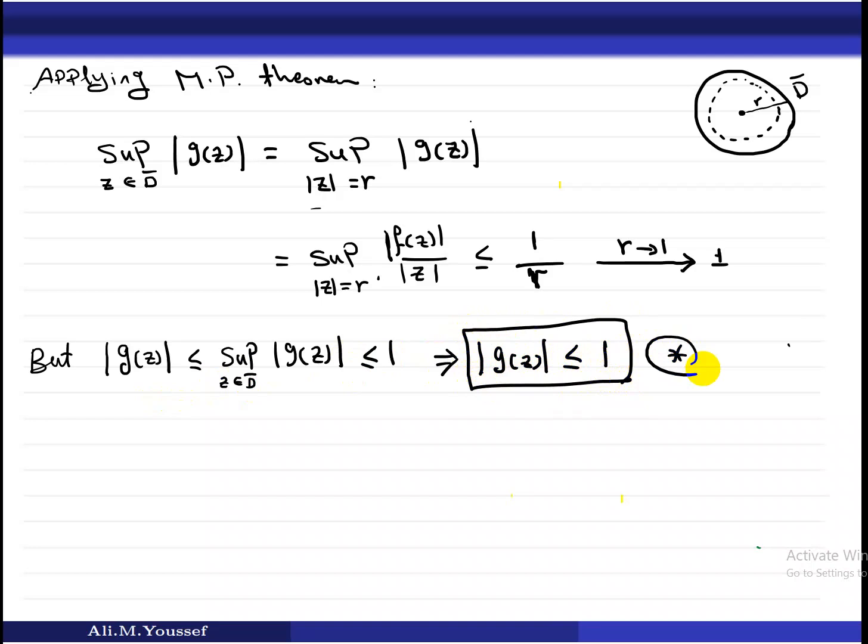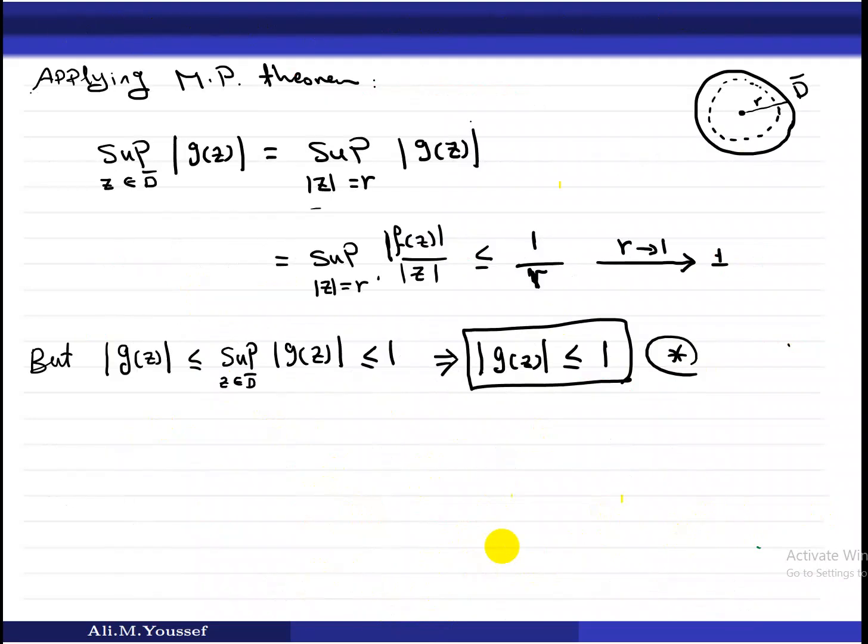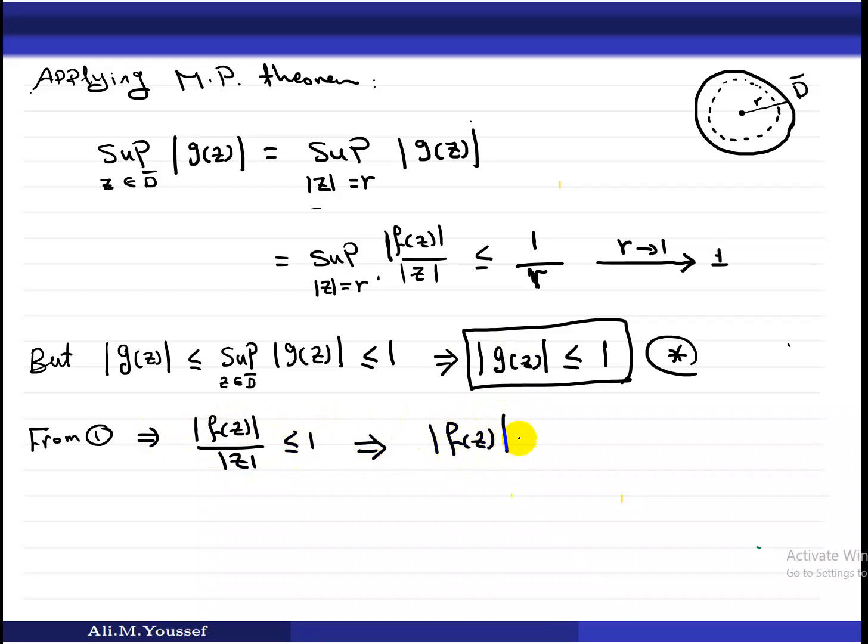Go back to the definition of the function g. We have two branches here. The first branch we can prove as I, the second branch we can prove as double I. So from 1, if we substitute, the function g is equal to the function f of z over z, and its modulus is less than or equal to 1, it means that the modulus of f of z is less than or equal to the modulus of z.